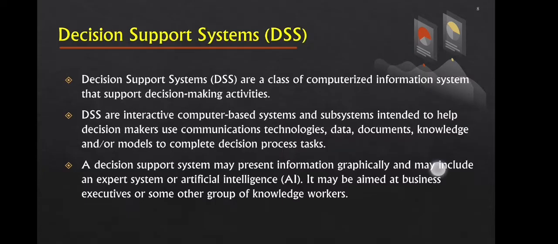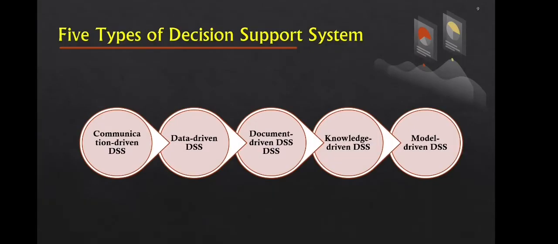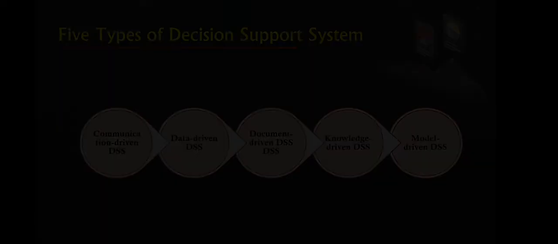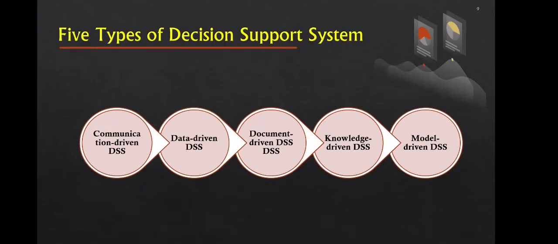There are five types of decision support system. We have the communication-driven DSS, the data-driven DSS, the document-driven DSS, the knowledge-driven DSS, and lastly, the model-driven DSS. Communication-driven DSS supports or assists in the conduct of a meeting or allows users to collaborate.